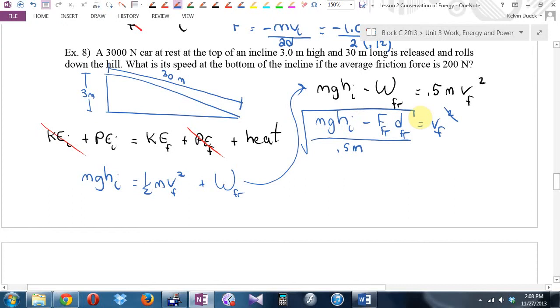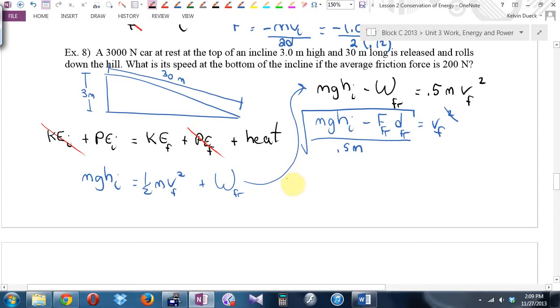Do I know the distance that friction was acting for? 30. Do I know on the bottom m? I can figure it out. It's going to be 3,000 divided by what? 9.8. Okay, so I think we're good. Let's start plugging in numbers here.